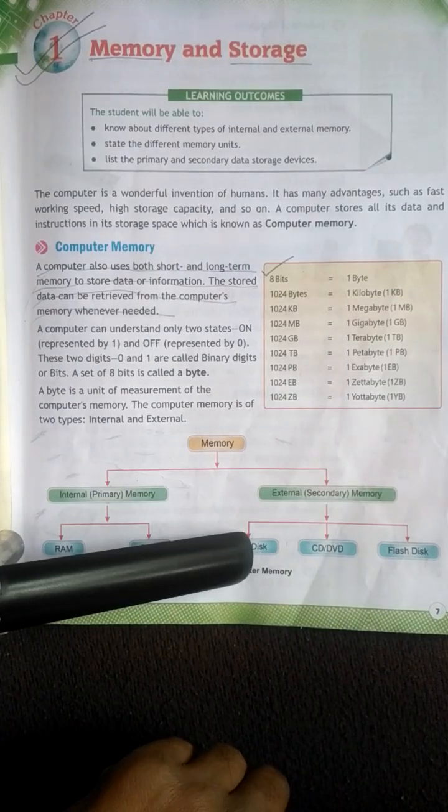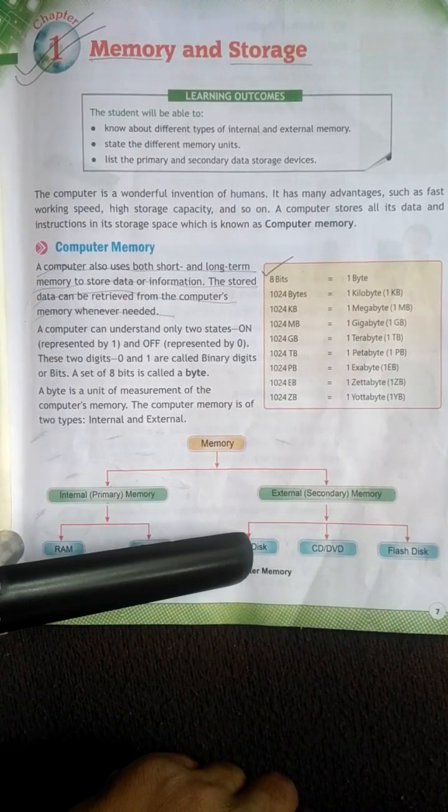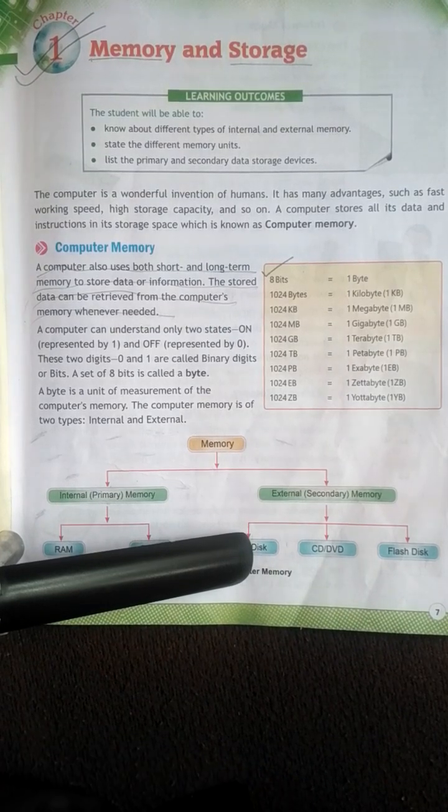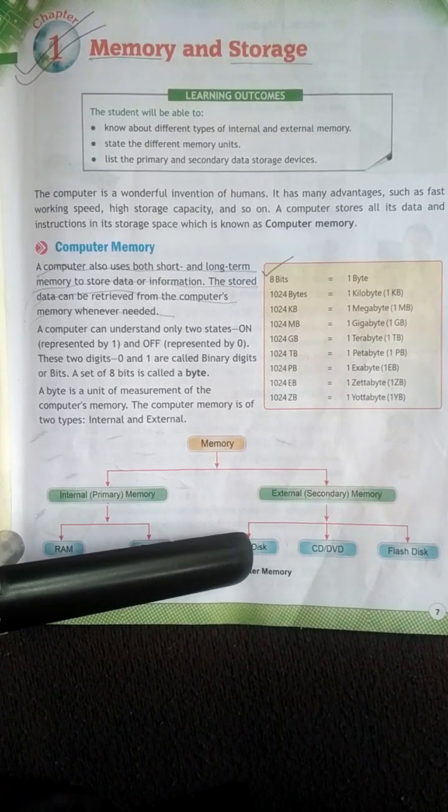So computer memory is the storage for your data and instructions. Let's jump into computer memory in more detail. A computer uses both short and long term memory to store data or information, and the stored data can be retrieved from the computer's memory whenever you need.